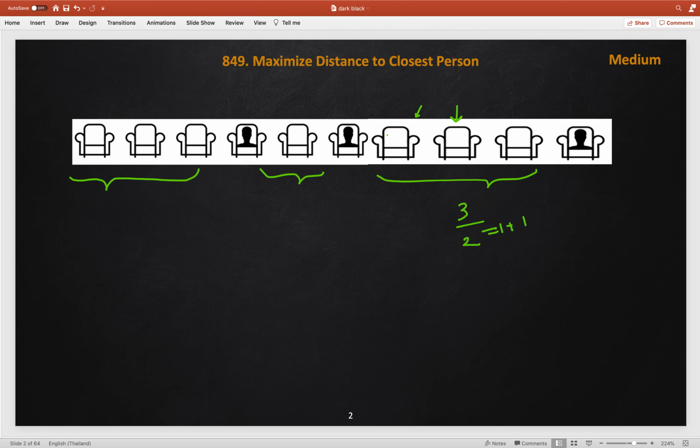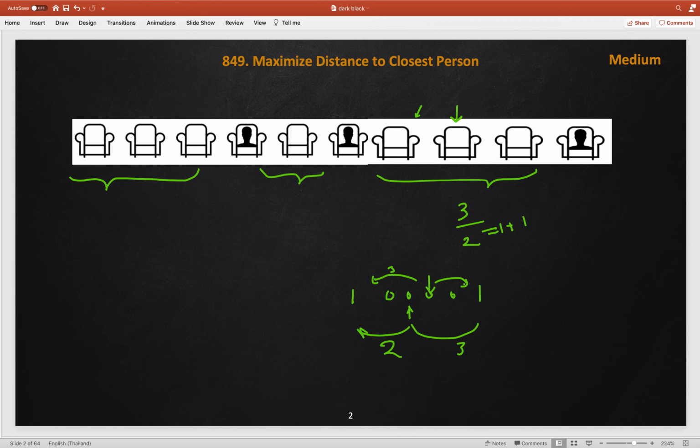So let's say there are 4 empty places between two persons. 1 represents the person sitting, 0 is empty, empty, empty, 1. Now Alex can sit over here. If he sits over here, then the distance from the leftmost person is 2 and the distance from the rightmost is 3. But we will take the minimum, the closest one, which is 2. And if Alex sits over here, then it is 2 from here and 3 from here, but the closest is again 2.